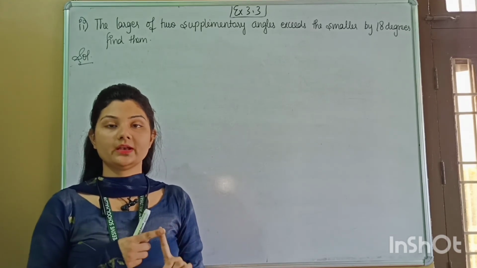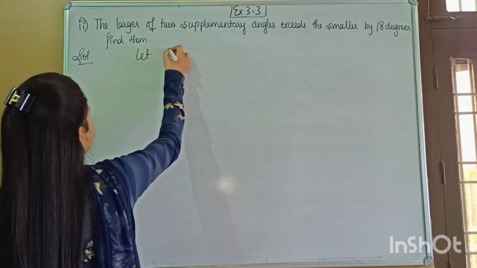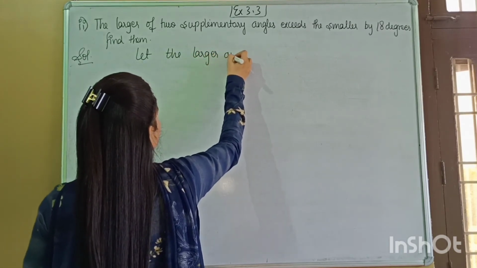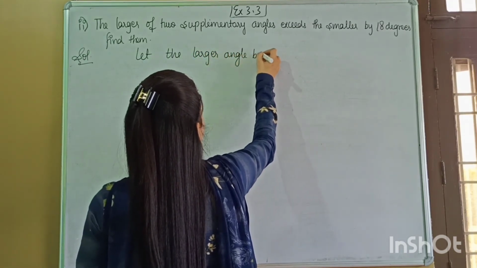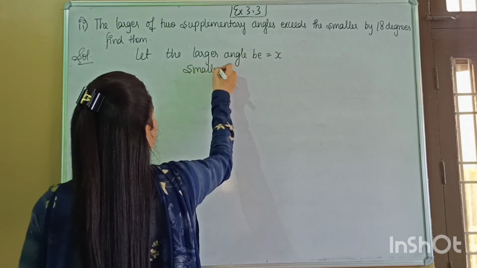So we will assume one as x and one as y. So let the larger angle be x and the smaller angle be y.